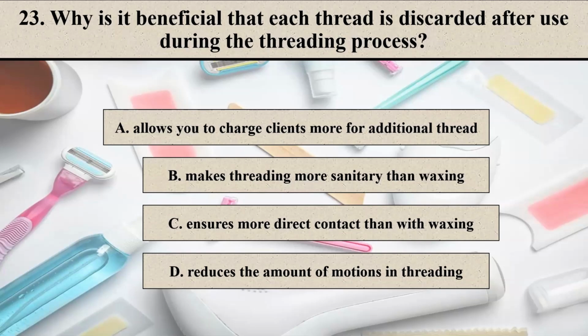Why is it beneficial that each thread is discarded after use during the threading process? Is it allows you to charge clients more for additional thread, makes threading more sanitary than waxing, ensures more direct contact than with waxing, reduces the amount of motions in threading?